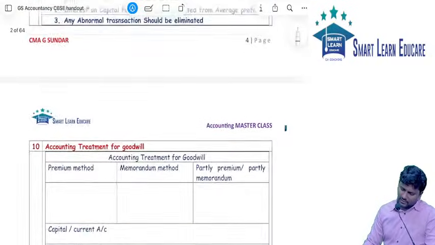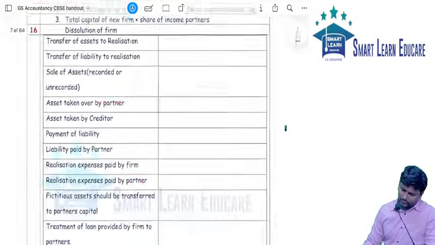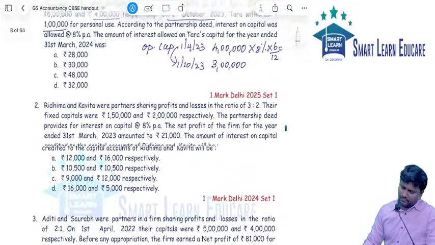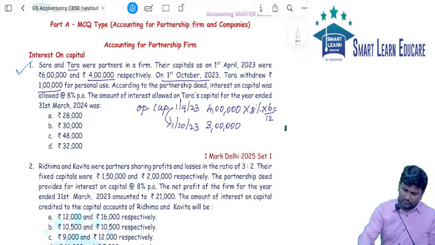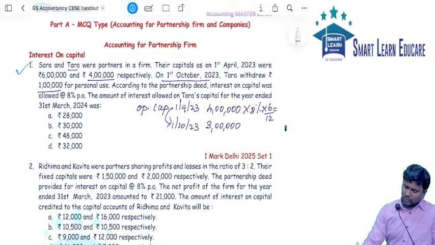$4 lakhs into... amount சொல்லுங்க. 4 lakhs into 8% into 6 by 12: 4 lakh into 8% is 32,000, into 6 by 12 is 16,000.